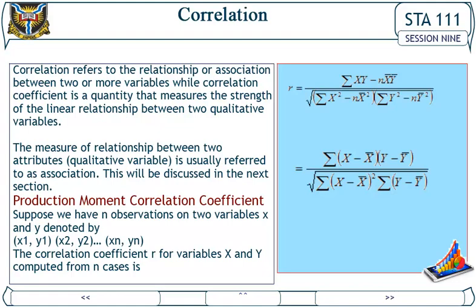Product moment correlation coefficient. Suppose we have n observations on two variables x and y denoted by (x1, y1), (x2, y2) to (xn, yn).